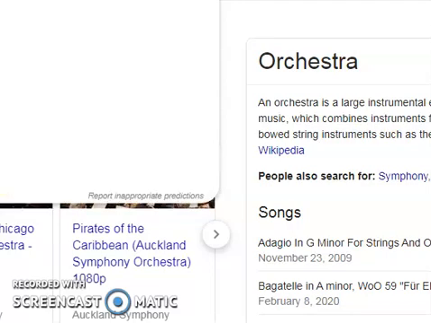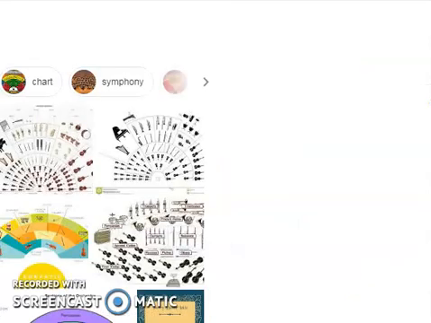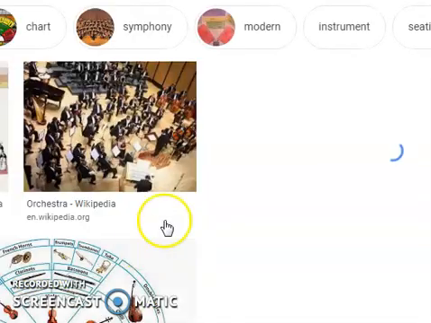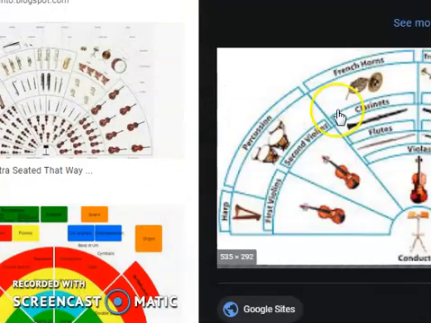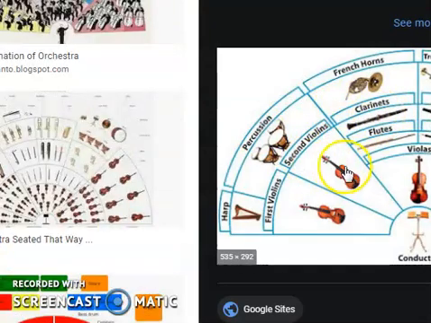Formation. Okay, look at this one. The orchestra is arranged according to function, according to different kinds of instruments.